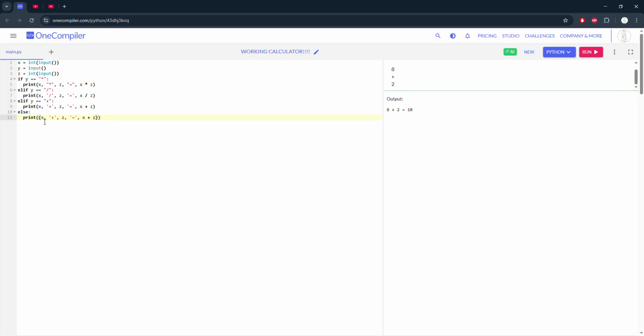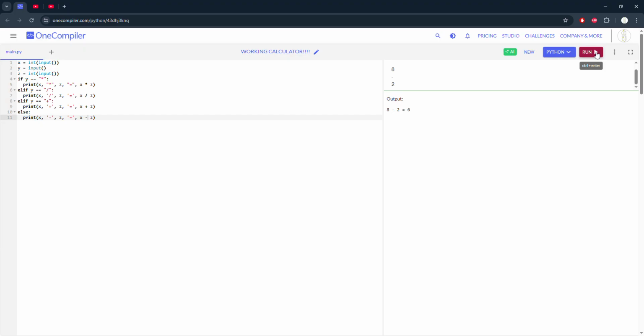You put these inside, and instead of the plus, you put a minus and a minus. So now, when you run it for the last time, oh, of course, plus. So when you run it for the last time, 8 minus 2 is equal to 6.